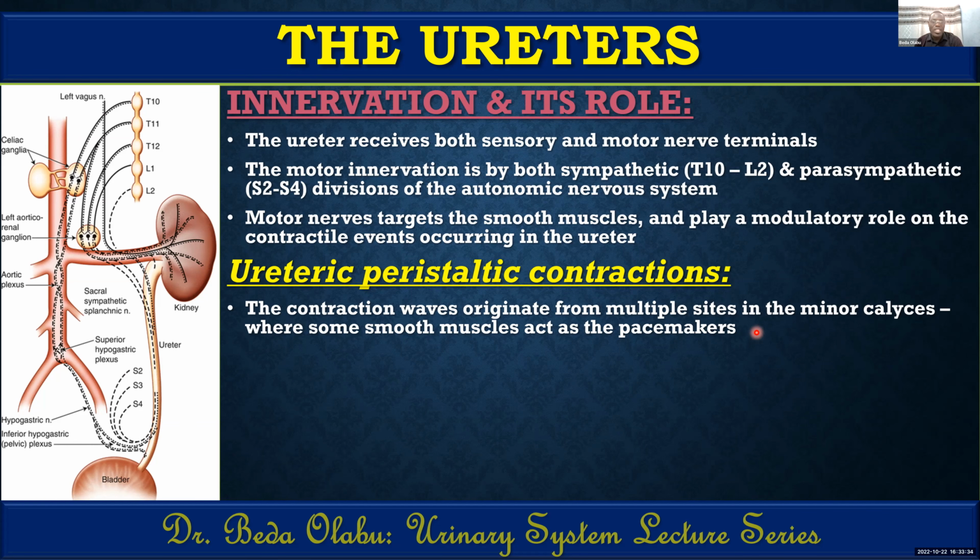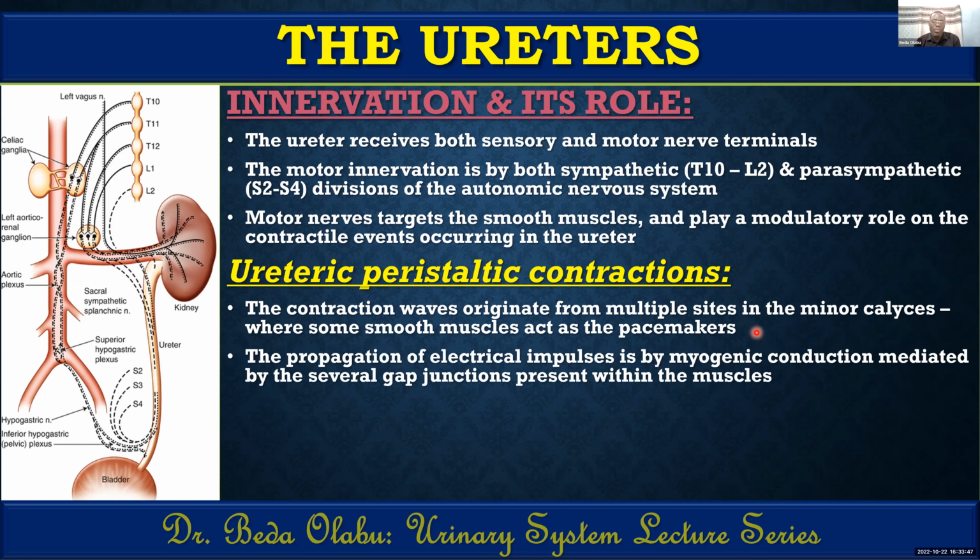They can initiate impulses, and there are multiple. So those muscles within the minor calyces do initiate impulses and transmit those impulses through the muscles. So we are not talking about nerve conduction here. We are talking about the action potentials traveling between the muscles.